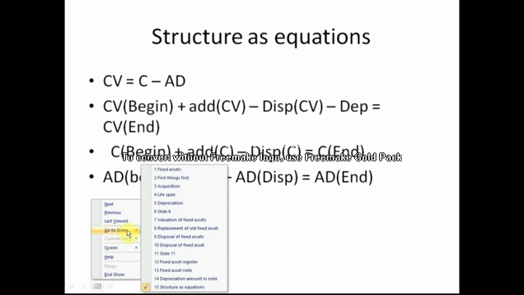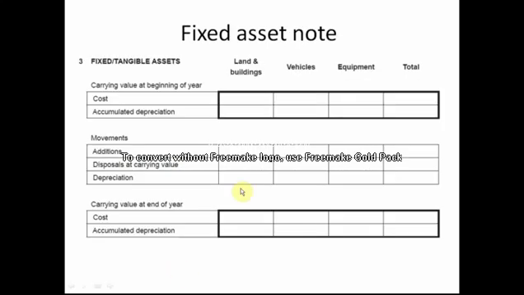And then finally, we have the carrying value. So the carrying value at the beginning of the year, we can add the additions at carrying value, which is the same as cost because we haven't written off any depreciation on any new item during the year.